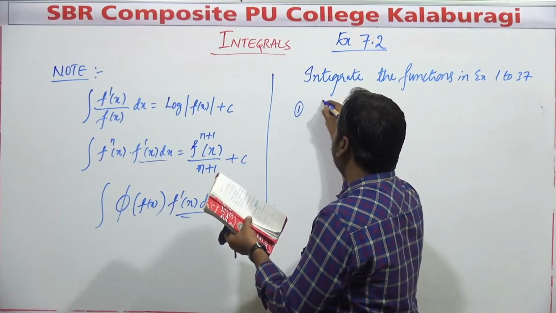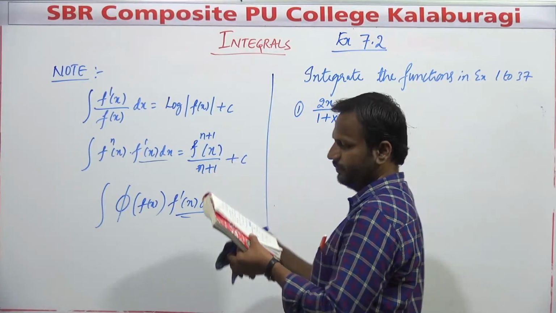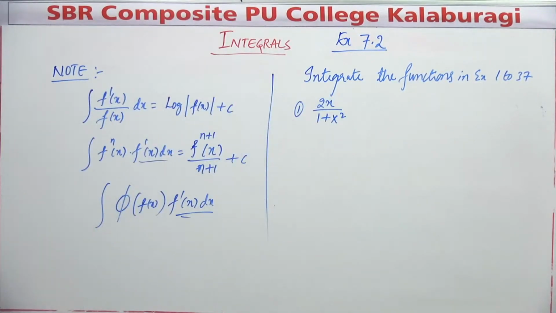So the first one they have provided is 2x divided by 1 plus x square. 2x divided by 1 plus x square.